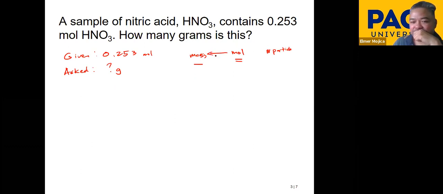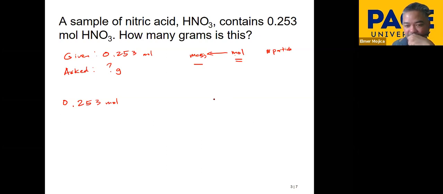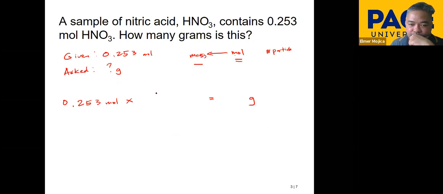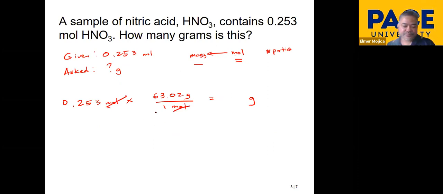So if you have 0.253 moles, and you are asked what is the equivalent in grams, all you need to do is multiply it with the molar mass that we have, which is 63.02. If you do this, you will get 15.9 grams. So analyze.